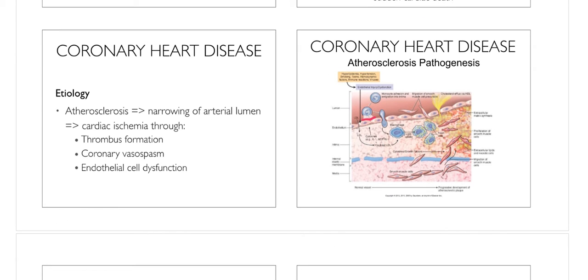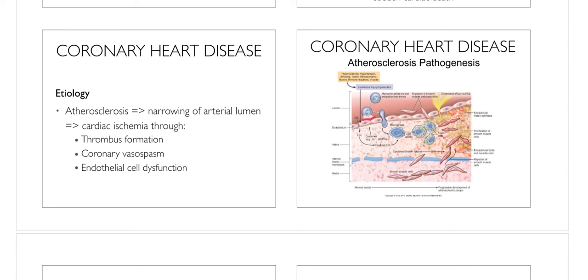So the general etiology is that we have atherosclerosis, which is some form of a buildup, normally of lipids, for example, from inflammation in the heart or in the blood vessels, that narrows the arterial lumens and leads to cardiac ischemia. And this can occur through thrombus formation.